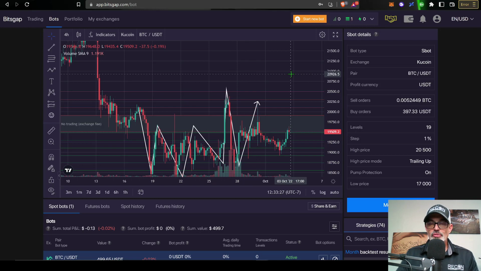But at the end of the day, no one can tell you if Bitcoin's price is going to see increased or decreased volatility. What you really need to do is monitor your bots. If there's no longer any volatility, you might want to shut that bot down and redeploy on an asset that actually has higher volatility.